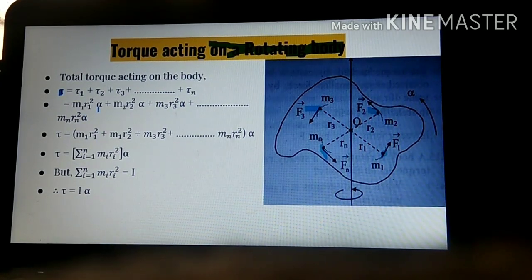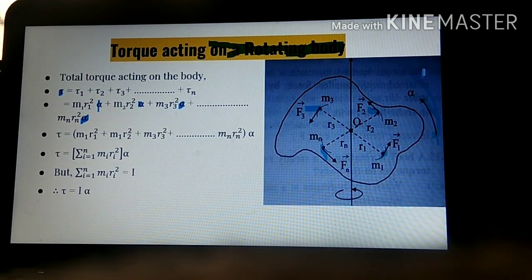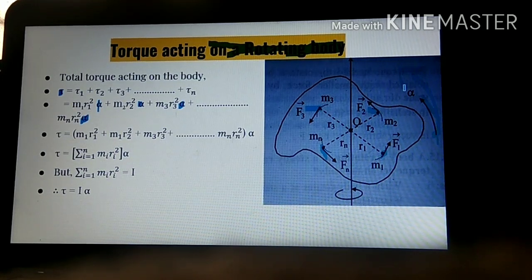Over here you will see that alpha is not changing, as it is angular acceleration, and angular acceleration is constant. You can see your fan moving. As long as the regulator is not being switched on or off or regulated, the fan will move with a constant angular acceleration every time. So here alpha is denoting angular acceleration.